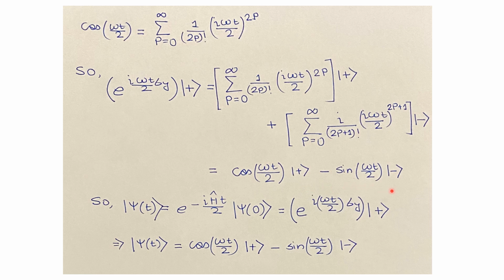So, we have obtained our wave function at time t, given by e to the power I H cap t by 2 operating on the initial state psi at t equals 0. So, psi at time t is cos omega t by 2 times the plus state minus sin omega t by 2 times the minus state.